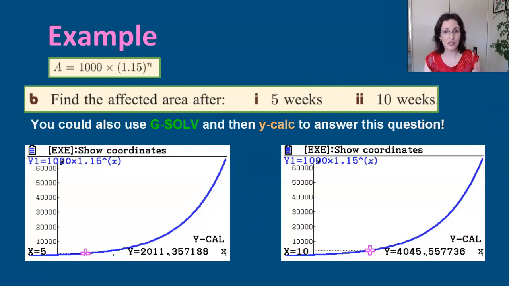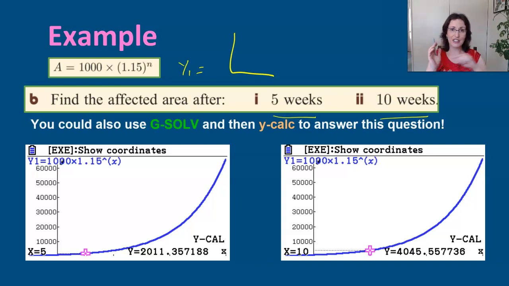It's also possible to solve this on your graphics calculator. So graph it, and putting it in the graph mode, you would put it in y is equal to. Type in your numbers. Now you have to think about your view window here. When we're doing these graphs, we're often only interested in what we call that quadrant. I'm never sure which way to do this on the camera. And think about how many weeks. So part of the question had 5 weeks and then 10 weeks. So I would make sure your x-axis goes out to at least 10, probably 15 or 20.